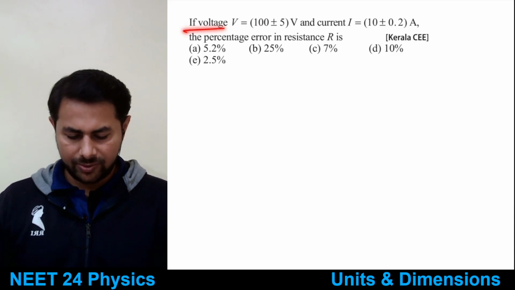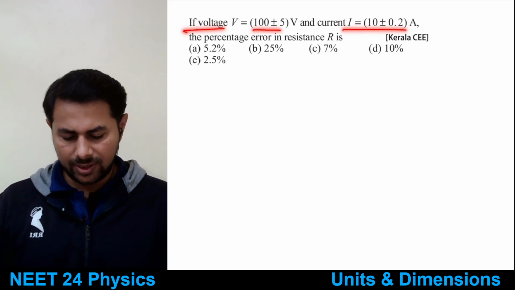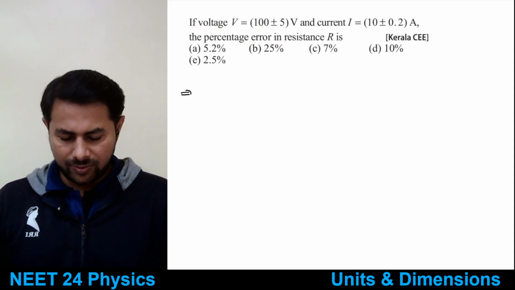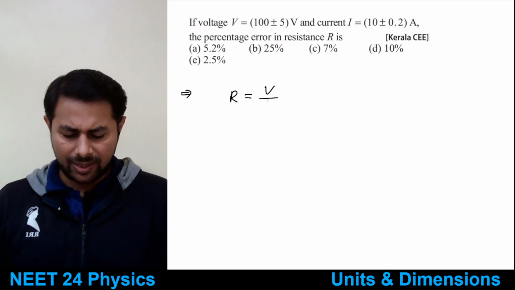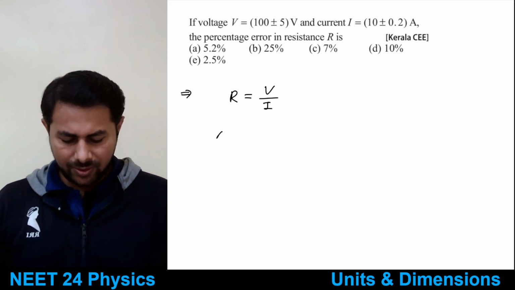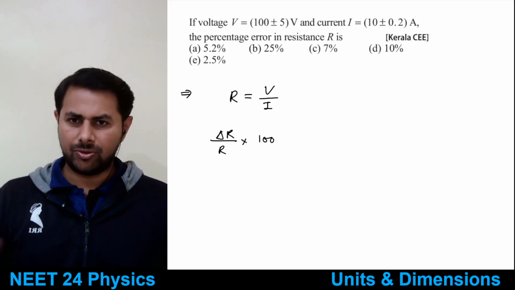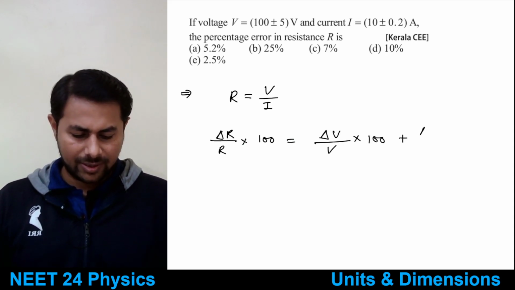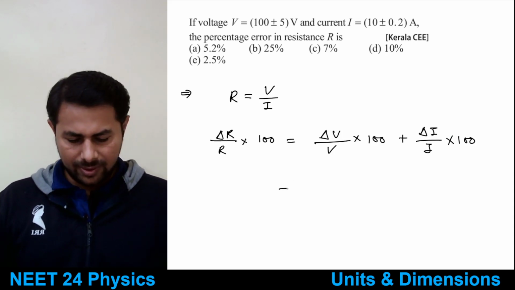If voltage V is this thing and current is this thing, the percentage error in the resistance is. Okay, so what is resistance? It's V by I. Now these are kind of repeated questions. So you have delta R by R multiplied by 100, because you want percentage error. It will be just delta V divided by V multiplied by 100 plus delta I by I multiplied by 100. It's very, very simple, right?